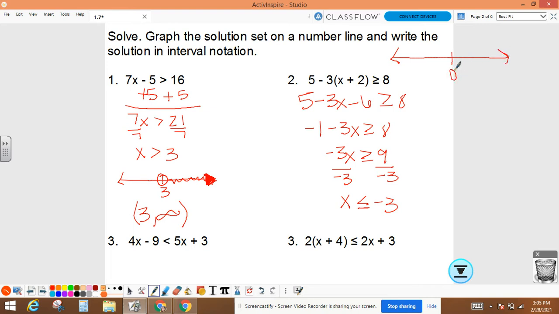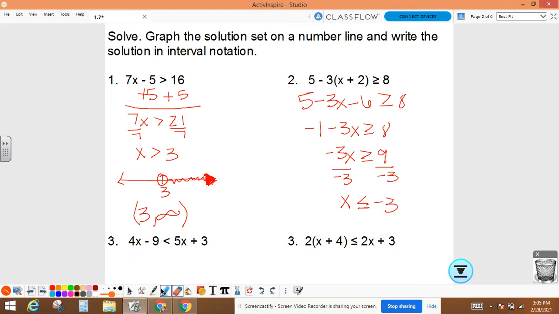If I'm on this side of 0, my numbers are getting bigger as I move to the right. Going this way, I'm technically getting smaller, but do you see how the numbers look like they're getting bigger as you move to the left? So when I flip from one side to the other of the number line, my inequality symbol has to flip over for things to stay true.